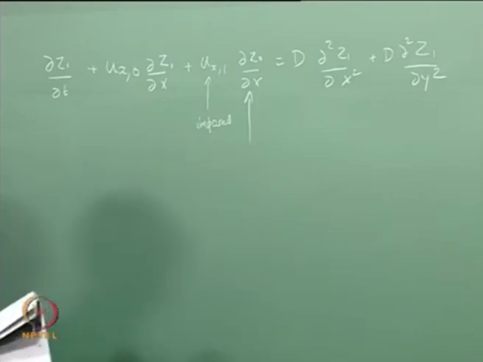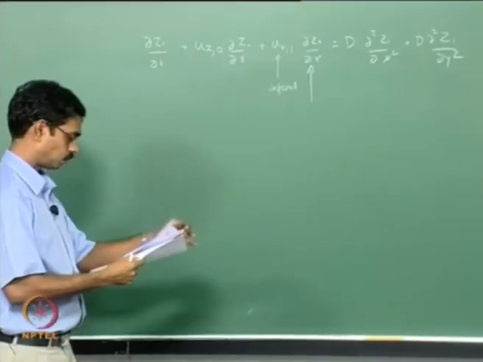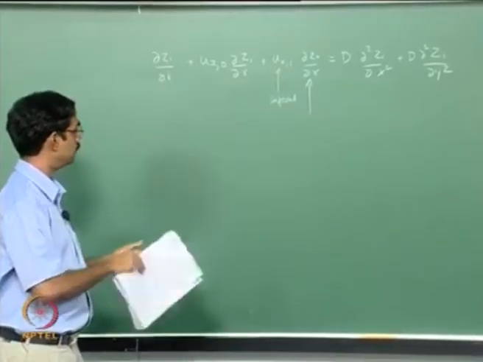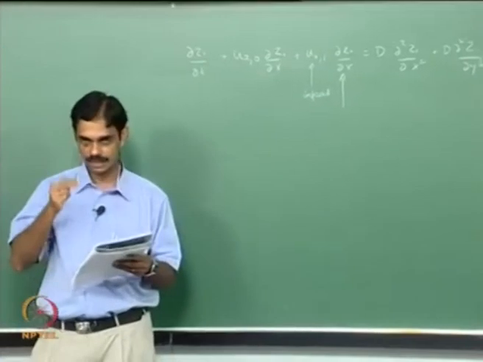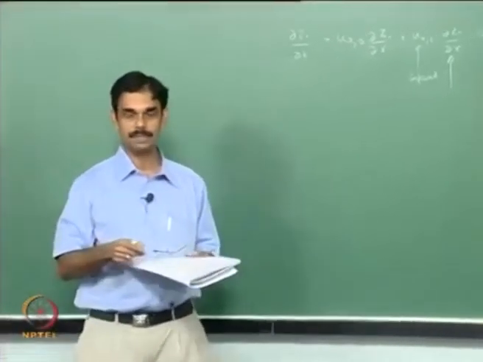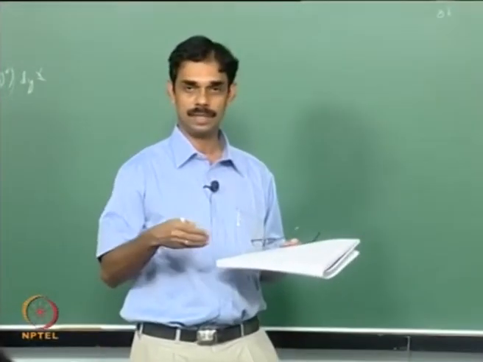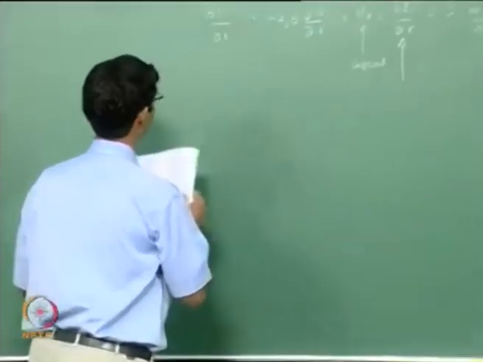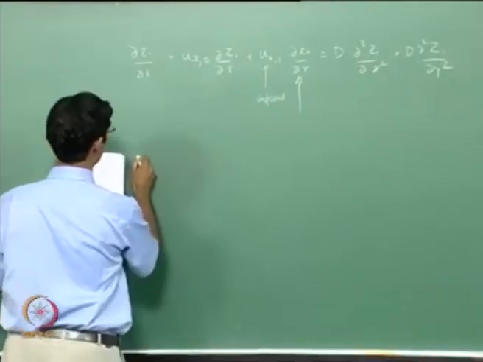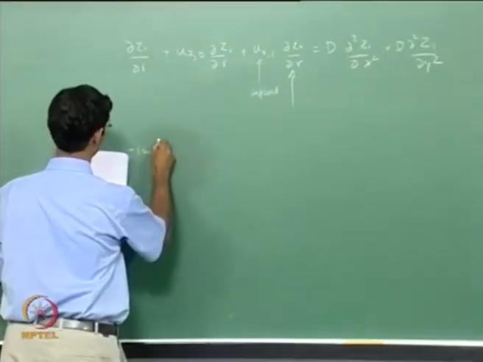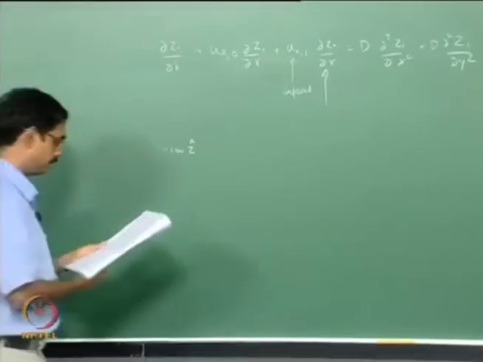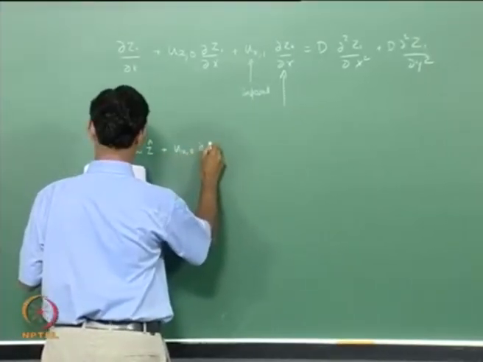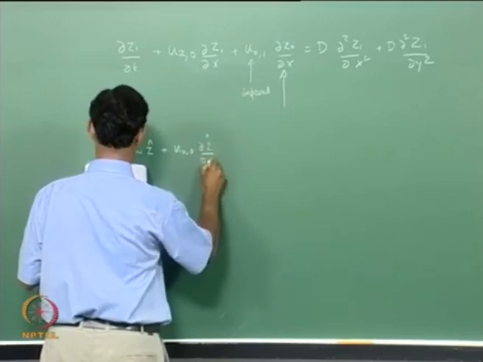If you use u hat is e power minus I omega t, when you differentiate e power minus I omega t you get I omega times z hat. So this term would be minus I omega z hat, like the Fourier transform, plus u x comma 0 dou z1 hat by dou x.